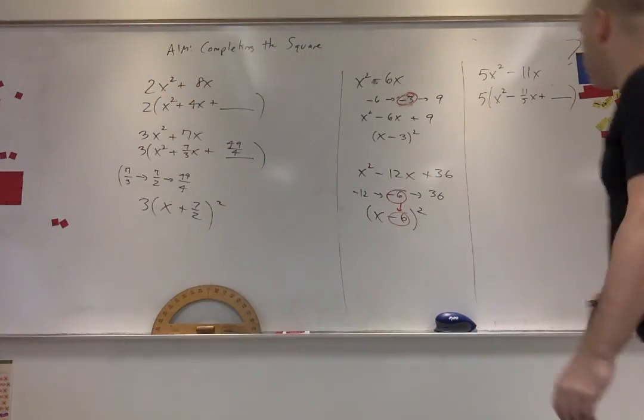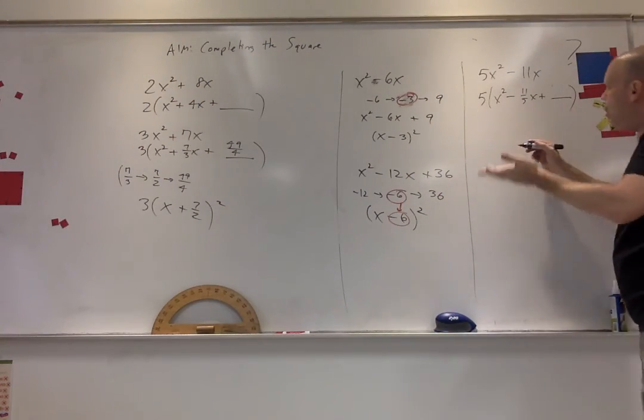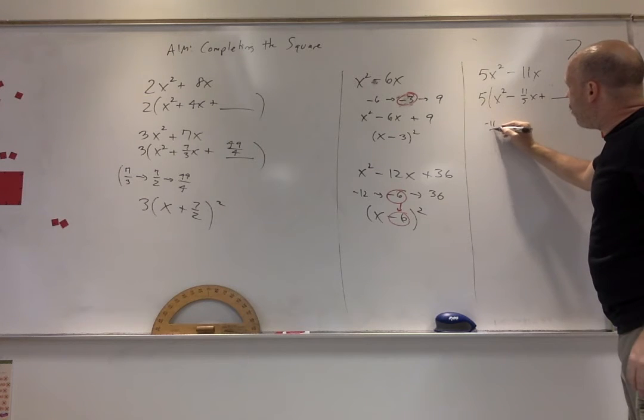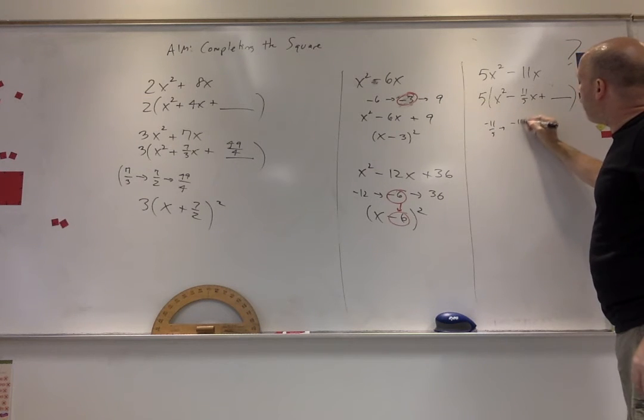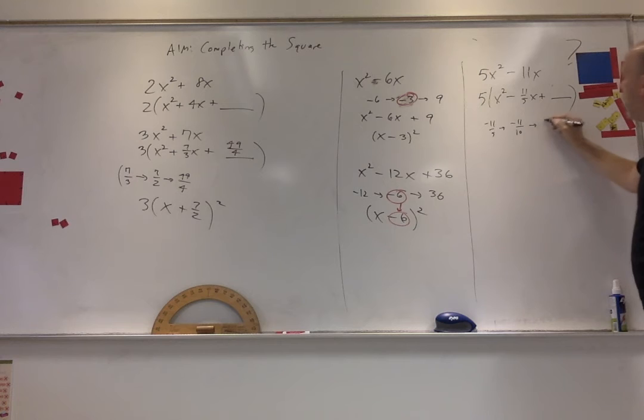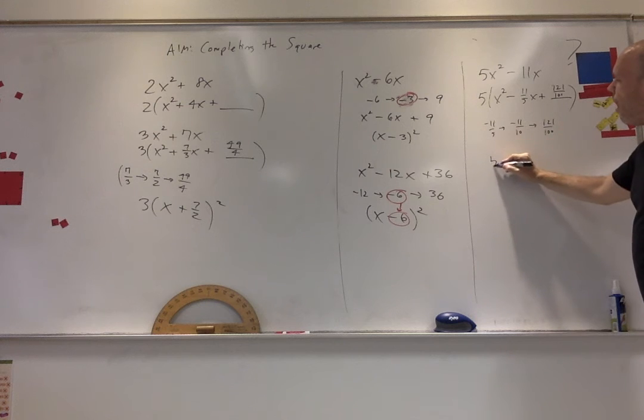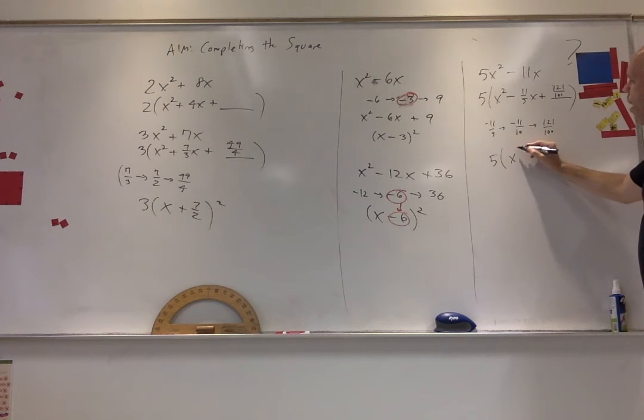And then, yeah, so we have negative 11 over 5 divided by 2 squared. And then it becomes 5 times x minus 11 over 10 squared. And we've completed the square.